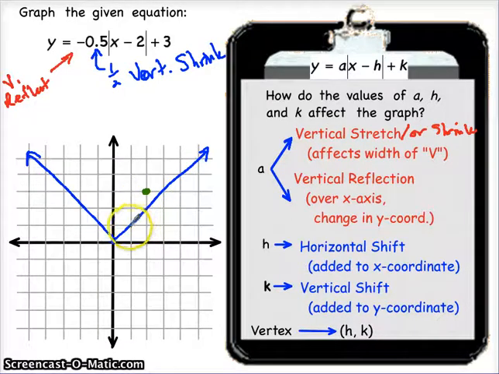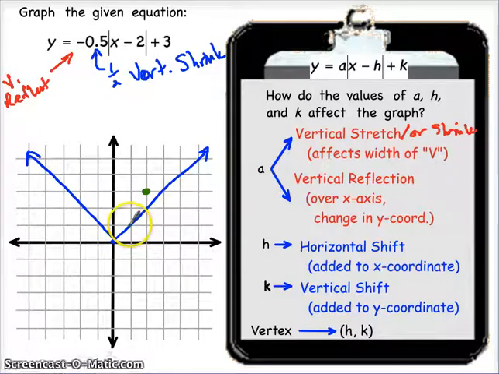Now all of the other points technically would also move up 3 and right 2, but they're also going to be affected since they're no longer zeros inside of our absolute value function. X being 2 created a 0, and 0 times negative 0.5 really didn't get affected. All of my other points, though, will be affected by that vertical shrink and reflection.